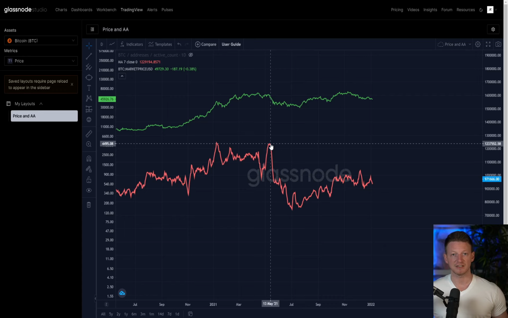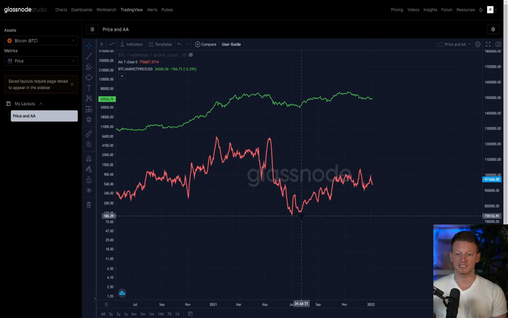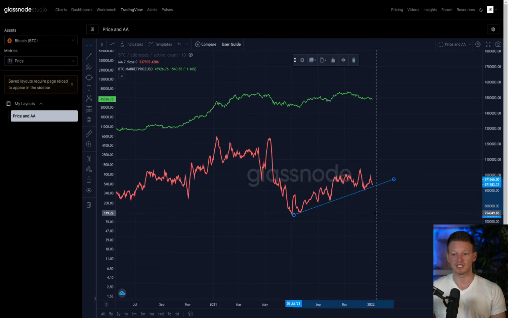We had that massive price drop in May, and a lot of speculators left Bitcoin, left cryptocurrency in general. So as a percentage of the whole, we're left with more long-term holders. But once we hit this bottom here, right around July, which corresponds with our lowest point for number of active addresses, since then we've just been trending up.